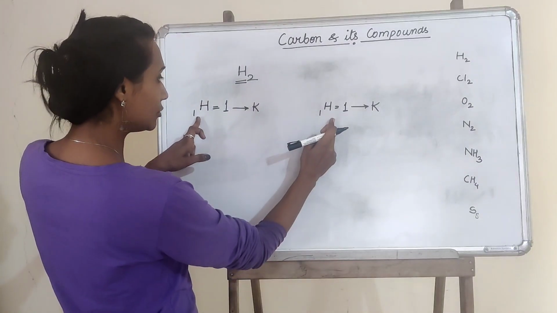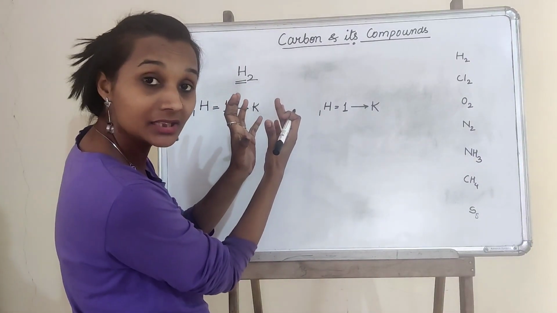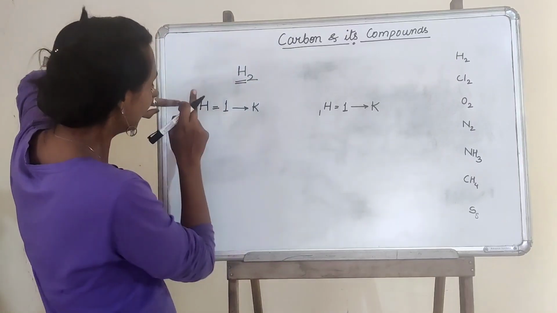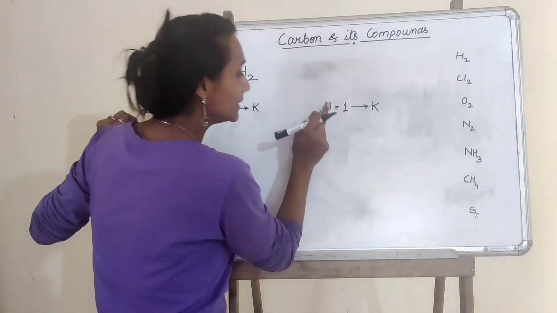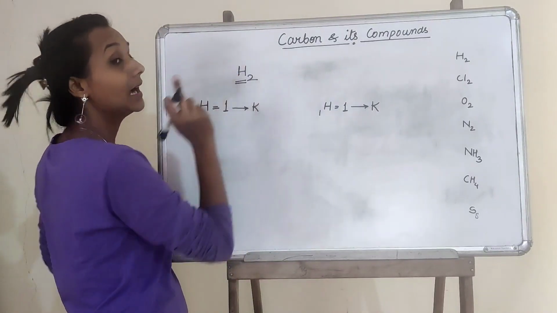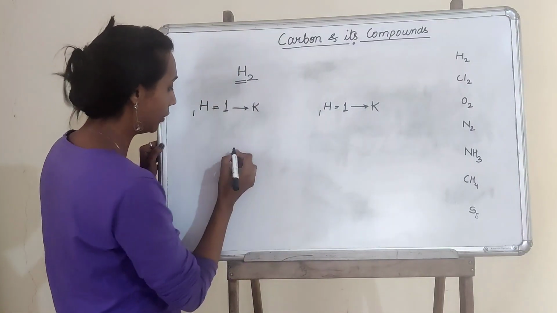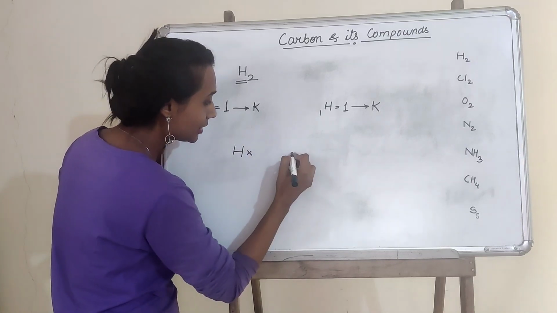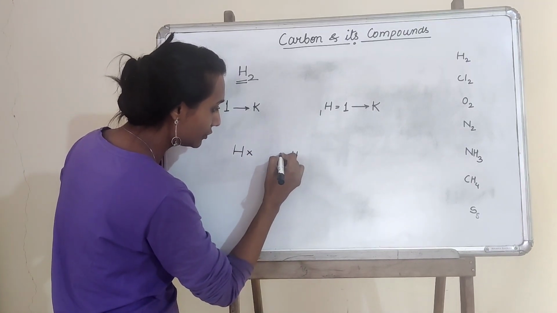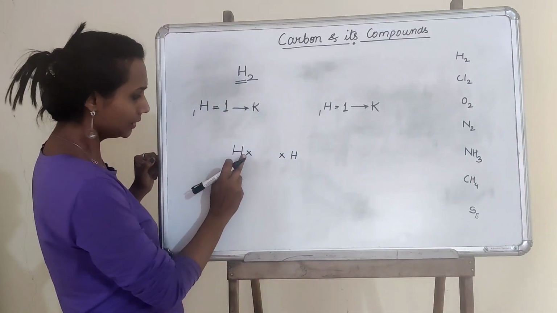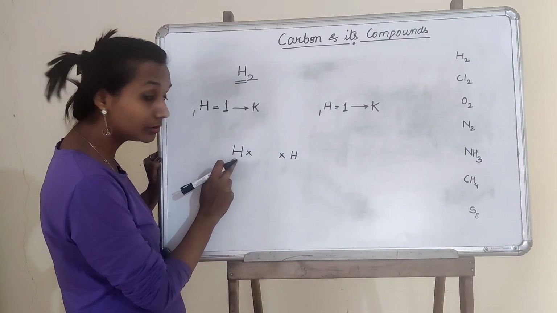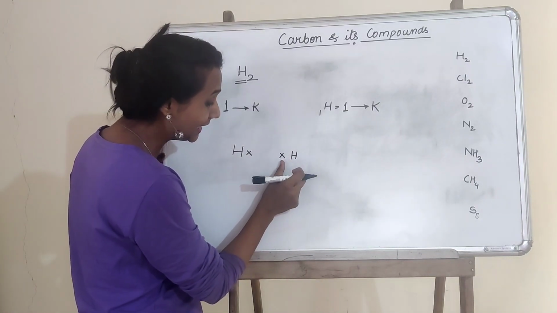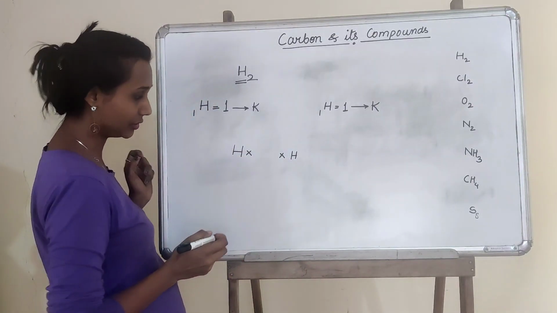Now, these two hydrogens will combine with each other to form a hydrogen molecule. This is a hydrogen atom, this is a hydrogen atom and this is a hydrogen molecule. Now, I am drawing the Lewis dot structure of hydrogen. This is one electron of the first hydrogen. This is the other electron of the second hydrogen.